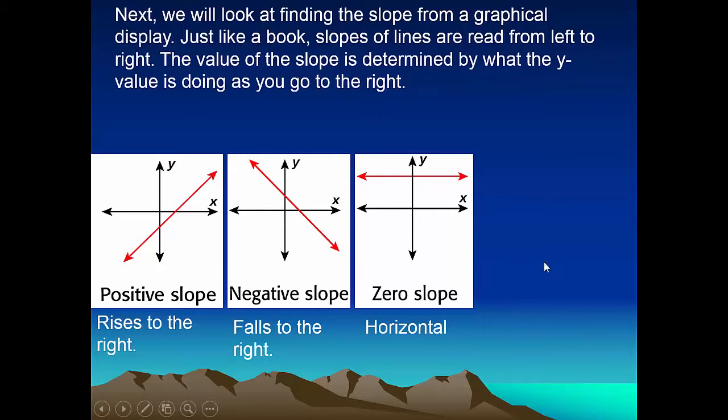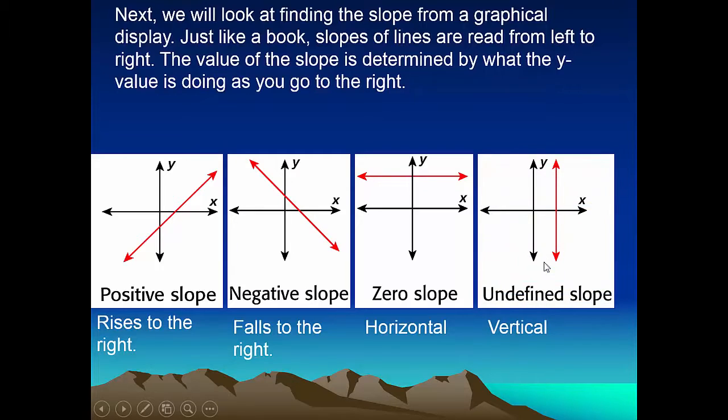So it's a 0 slope. Now finally, we have a vertical line which just goes straight up and down. Your x value stays the same, and that is an undefined slope. Again, with that vertical line, your x value stays the same, and that's an undefined slope.